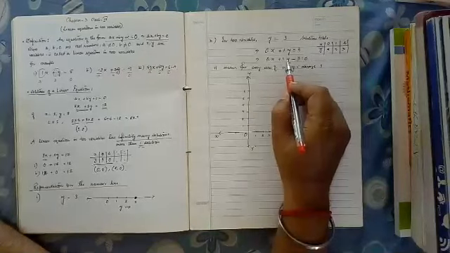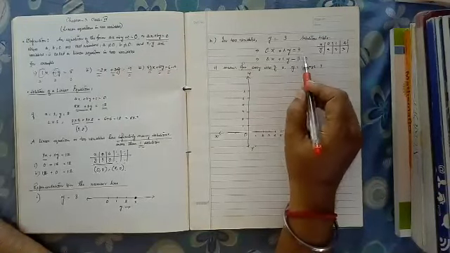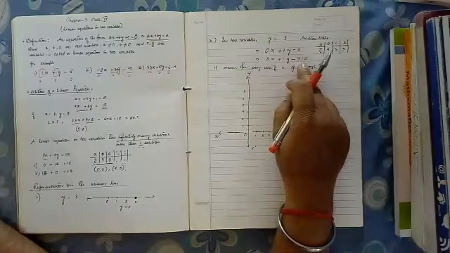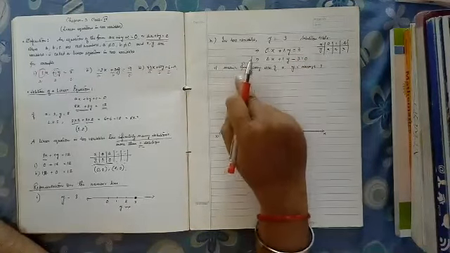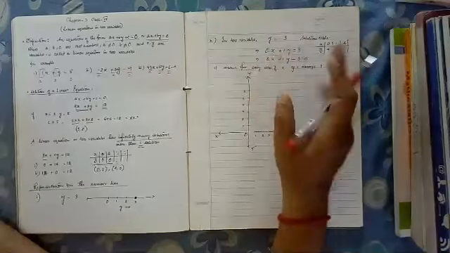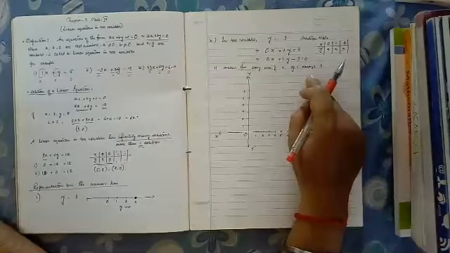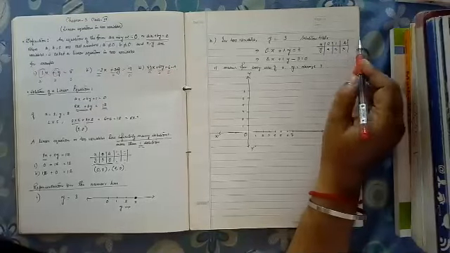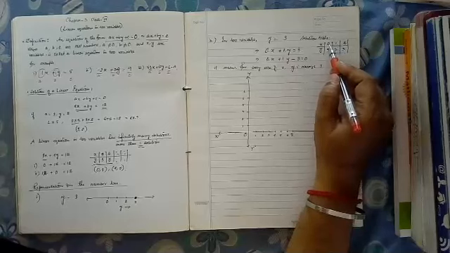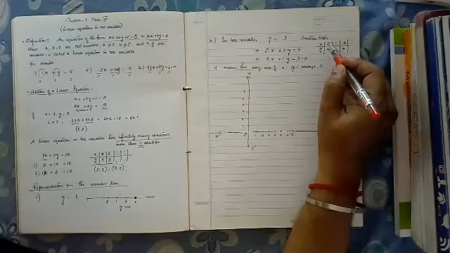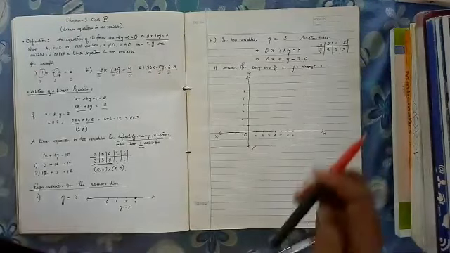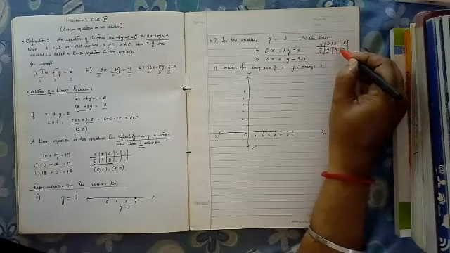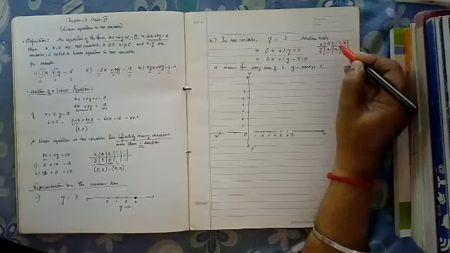That is 0x plus 1y is equal to 3, or 0x plus 1y minus 3 is equal to 0. What is the meaning of this one? We already know. It means for every value of x, whatever may be the value of x, y is always 3. So y is 3, 3, 3, always 3. I have taken 3 coordinates, and x is equal to, I have taken 0, 1 and 2. So the pair of solutions are what? 0, 3, 1, 3, 2, 3.